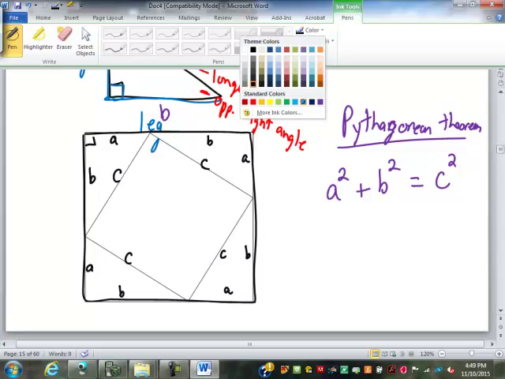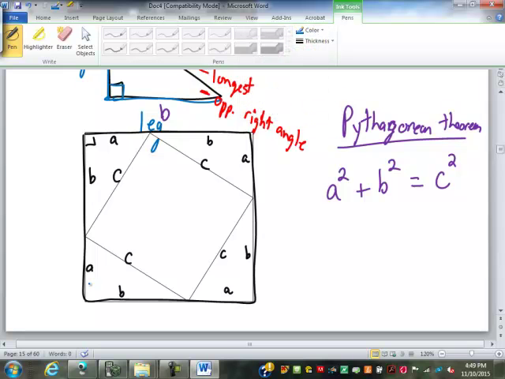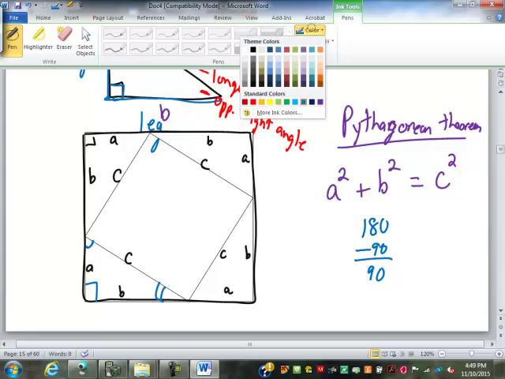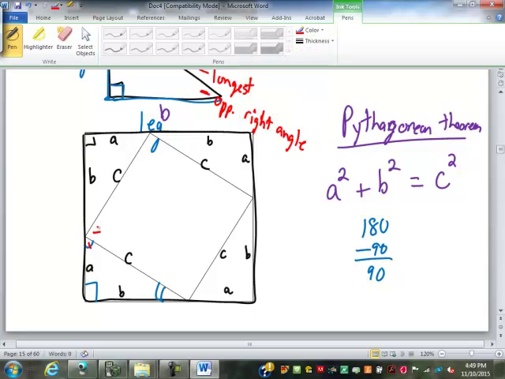Now, based on what we know about triangles, if this is a right angle, we know that this angle and this angle have to add up to how much? Well, the three angles add up to 180. If this is 90, the other two have to add up to 90, right? We know here that these 3 angles have to add up to 180 because it's the line here.